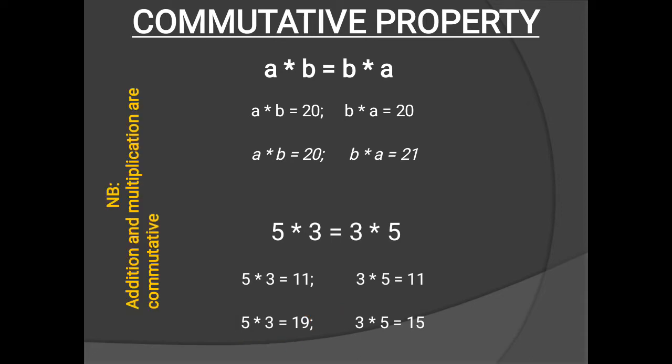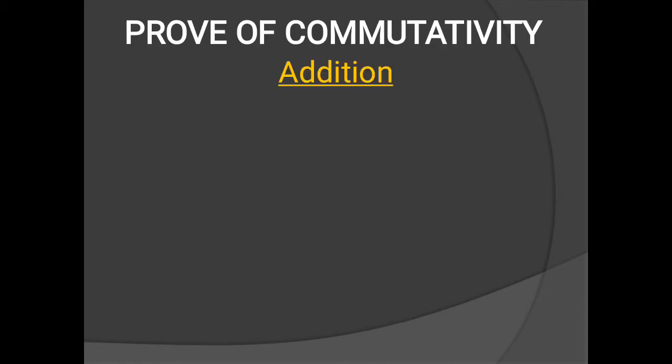But before the example, you have to understand that addition and multiplication are always commutative. We will check that out here. So let's prove it. When we say addition is commutative, it means if we are adding numbers, no matter how we change the positions, we should get the same answer.